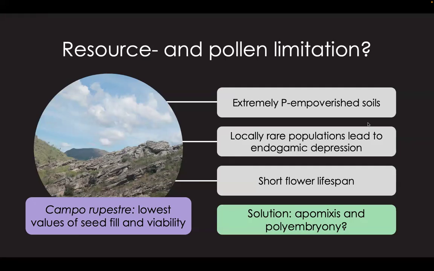So this strategy should be a way to prevent the problems regarding inbreeding depression and lack of pollen transfer and cross-pollination. And we also see lots of species with polyembryony. Some studies carried out here in Brazil have found that some species can have at least 5 embryos inside their seeds.